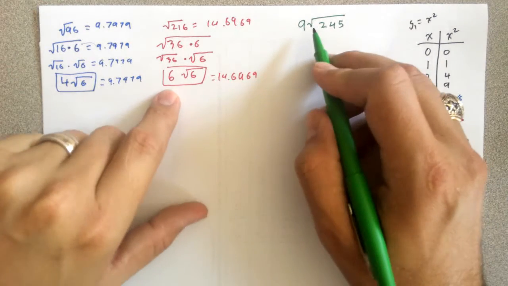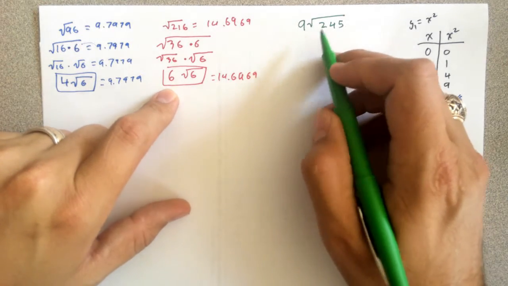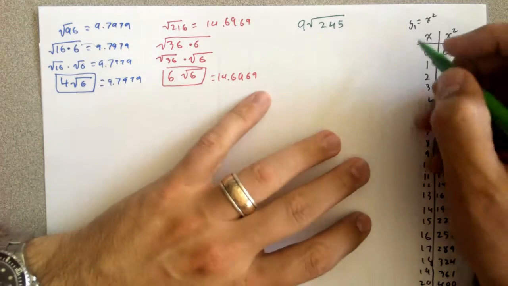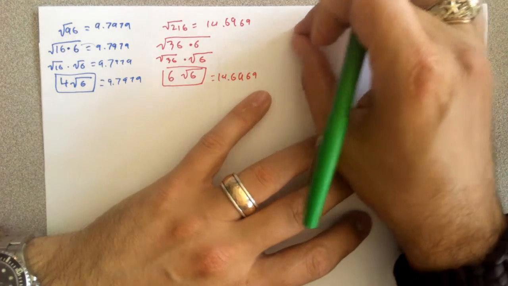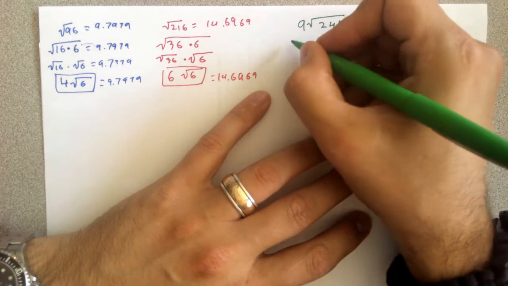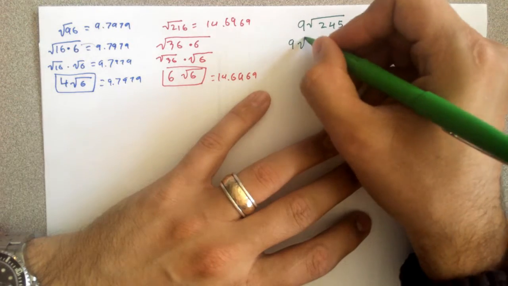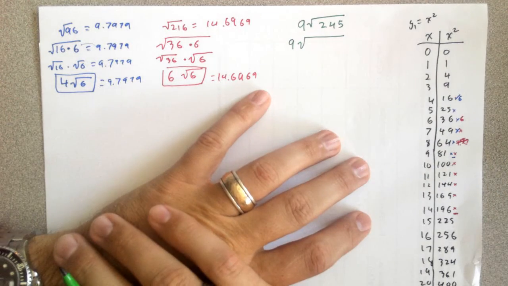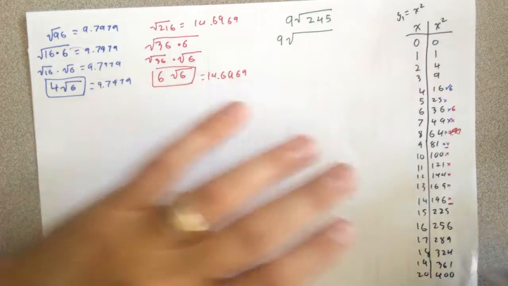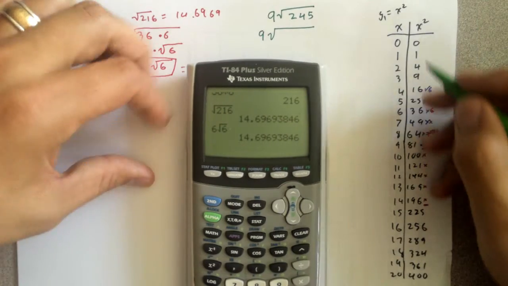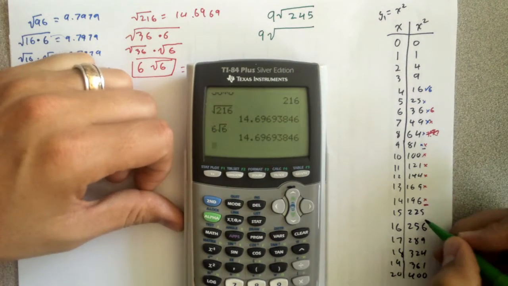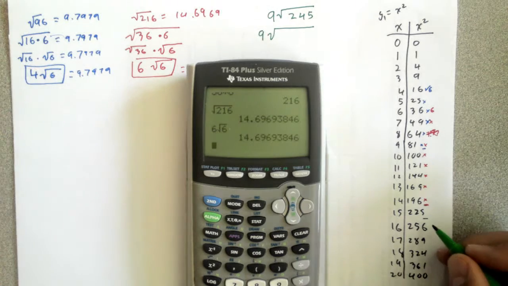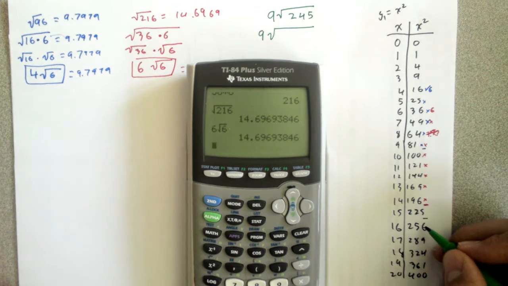And what we know is this is multiplication. 9 times the square root of 245. We're going to take this 9 and we're just going to leave it alone until we finish working with the square root of 245. Square root of 245, let's go ahead and get our calculator out. 245 would fall somewhere around here in my list of perfect squares.